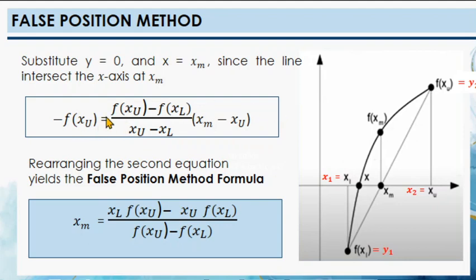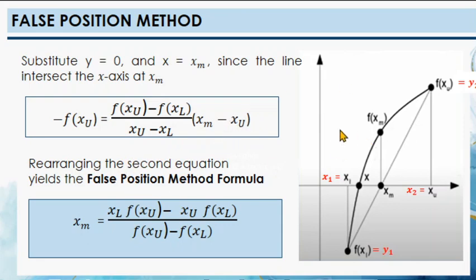So, mula diyan, substitute lang natin. So, we have negative f of x sub u is equal to f of x sub u minus f of x sub l all over x sub u minus x sub l, multiplied by the quantity x sub m minus x sub u. I-simplify lang natin to.